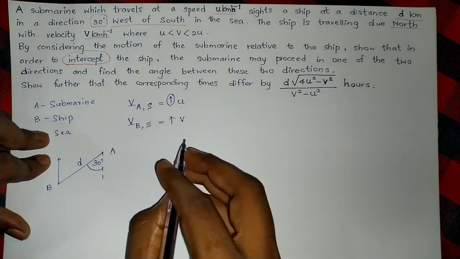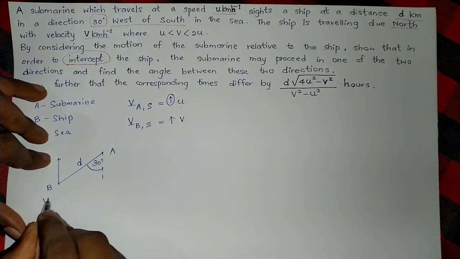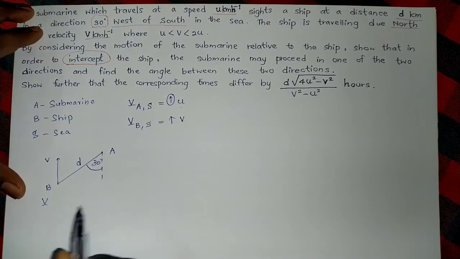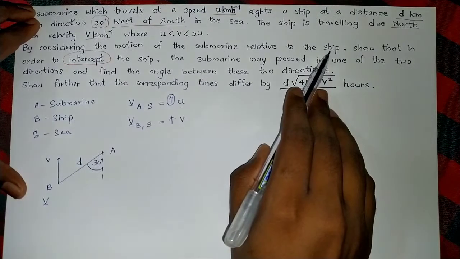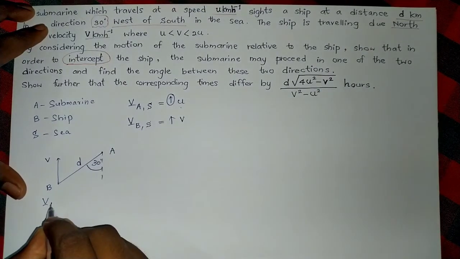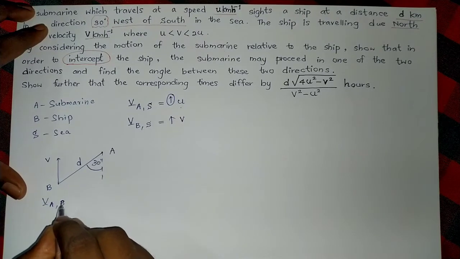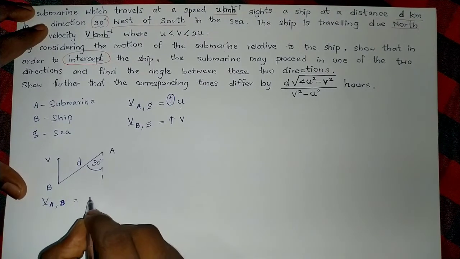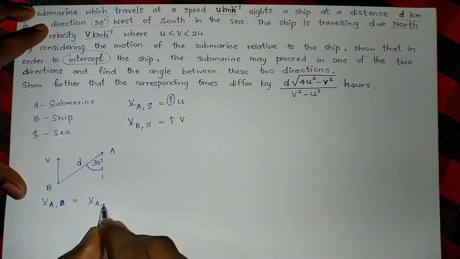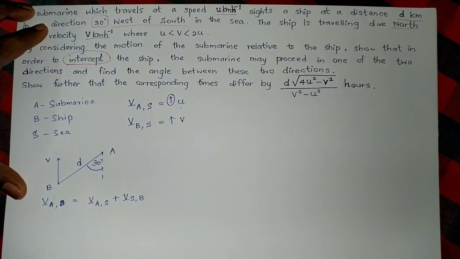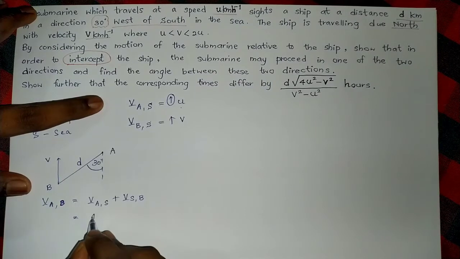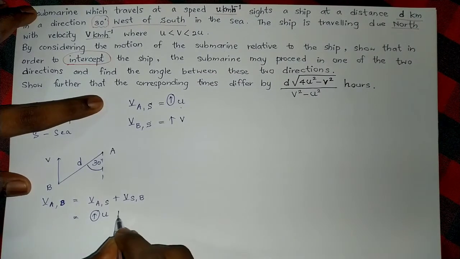So this is the velocity equation. We have to consider motion of submarine relative to ship. Velocity of submarine relative to ship, it is B, is equivalent to velocity of A with respect to S plus velocity of S with respect to B. Velocity of A with respect to S is in any direction, magnitude u.